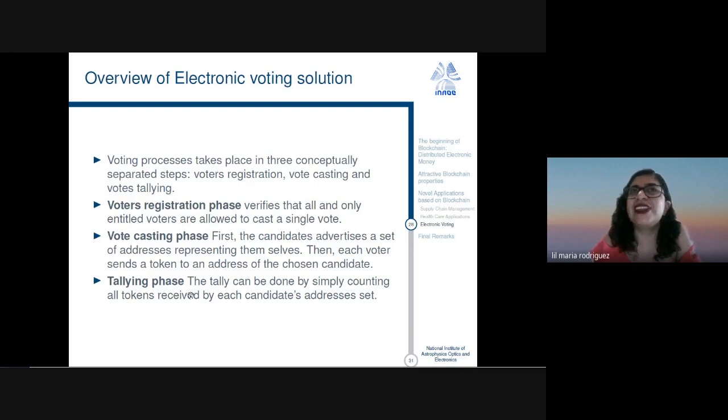This is not a good idea because you can change the results of the election. So what you have to do is to have phases, right? One of the problems we need to think about is how to solve this, just to mention one of the many problems that we have when we want to provide a blockchain electronic voting solution.